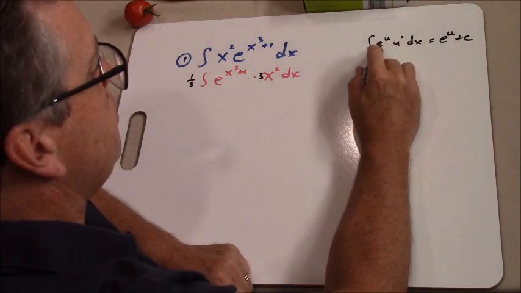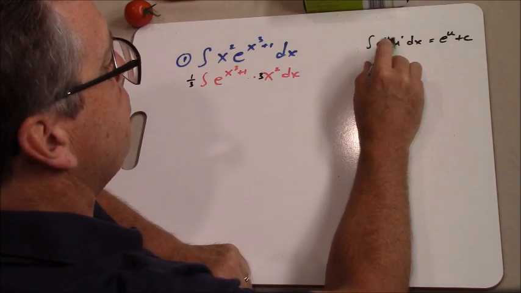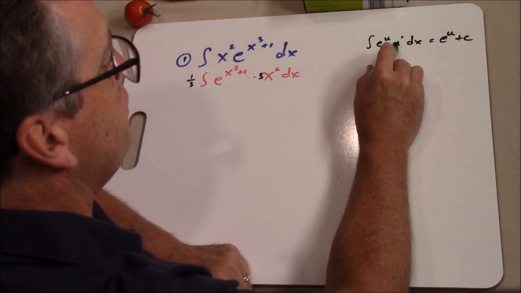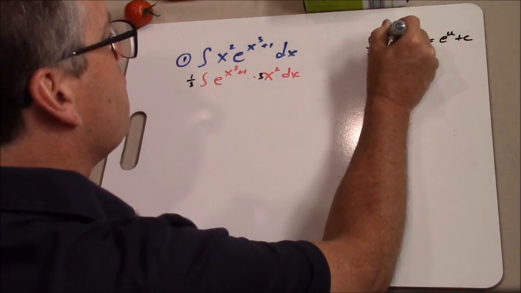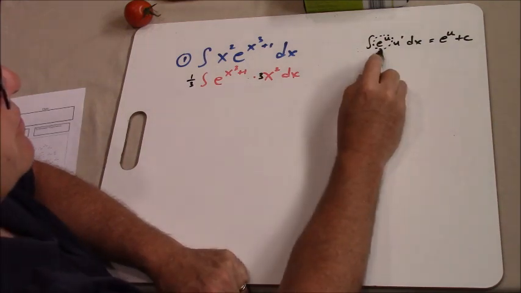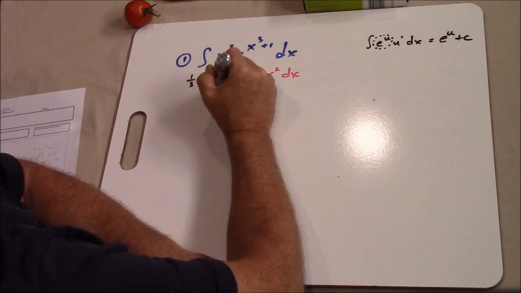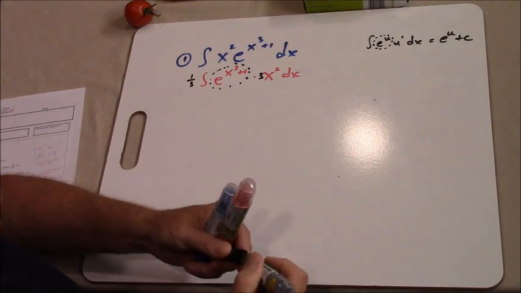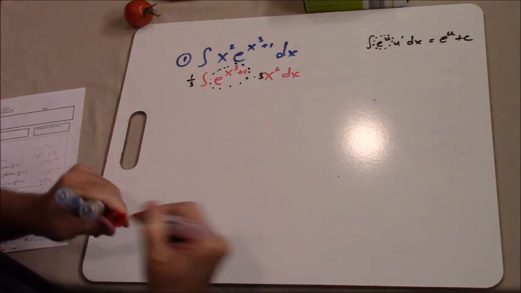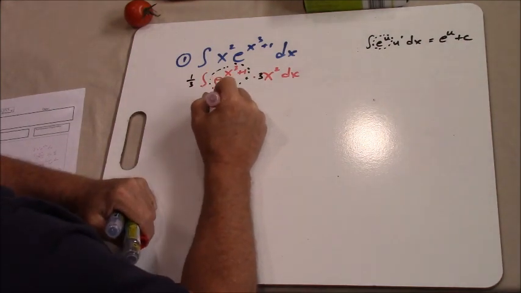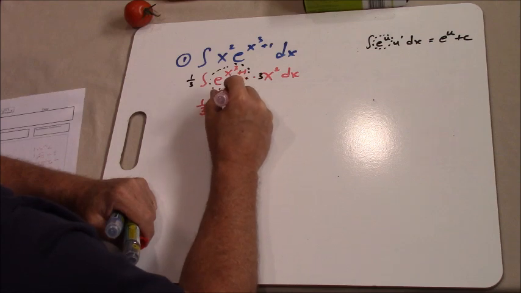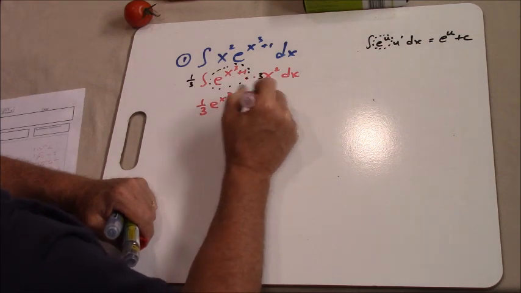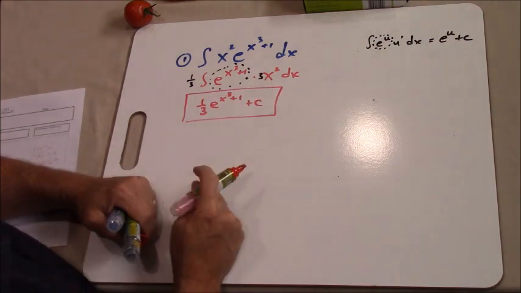What we said is, if you see e to the u and the derivative of that exponent, then whatever this is, that's the answer. So I've got 1/3 e to the x cubed plus 1, plus c. There it is.